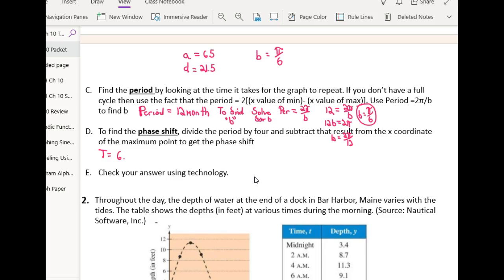A is 6.5, sine, the B value is pi over 6, parenthesis, t, that's the month, minus C, plus 21.5. Any questions on where that's coming from?